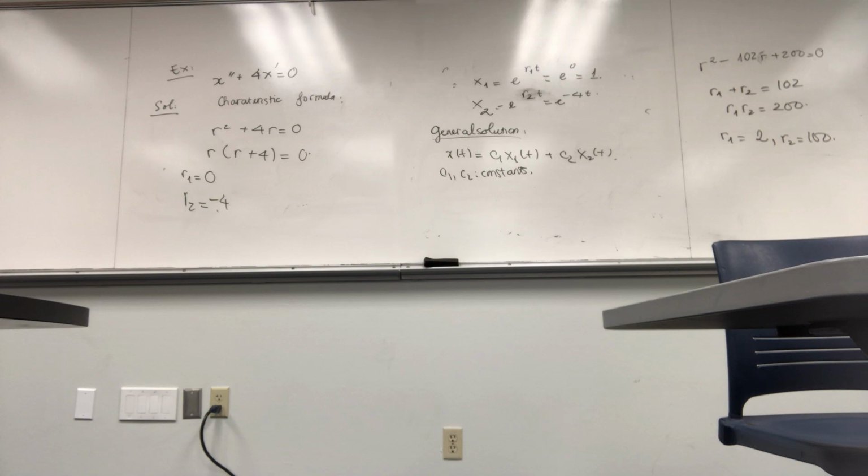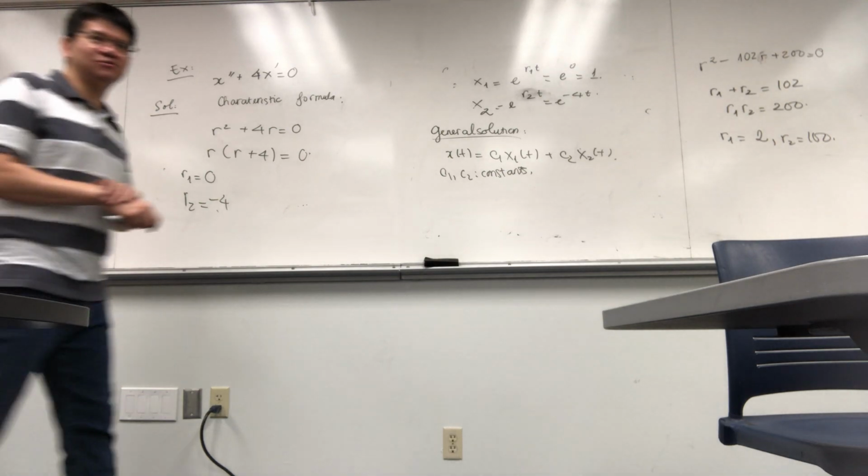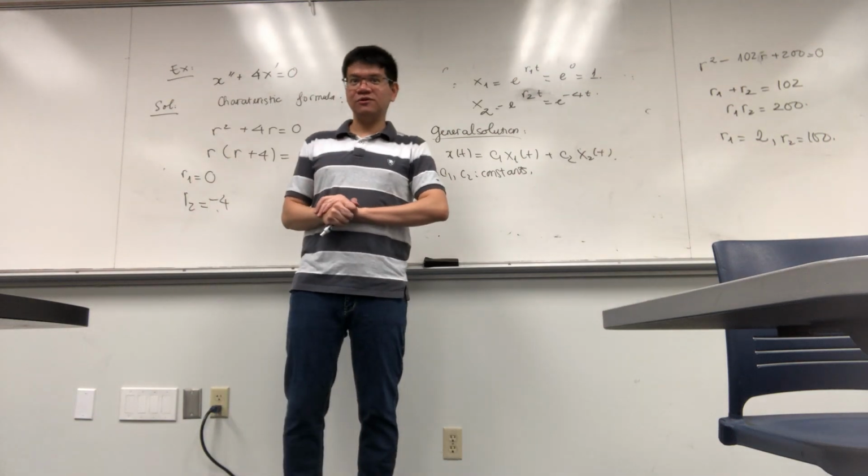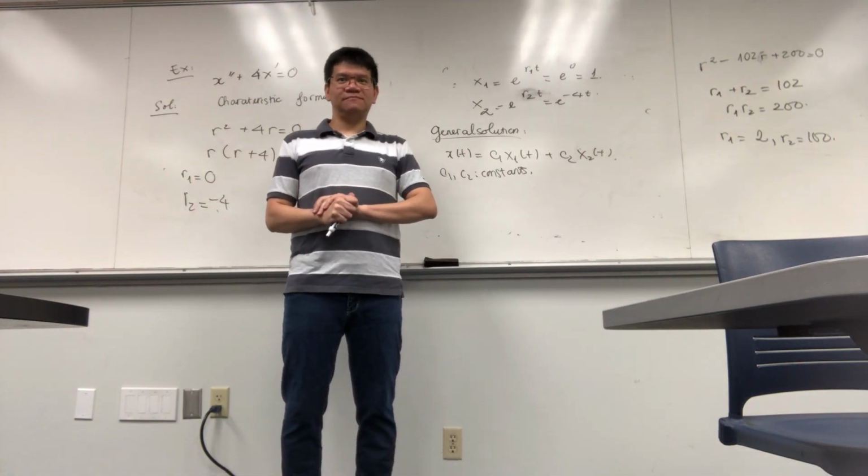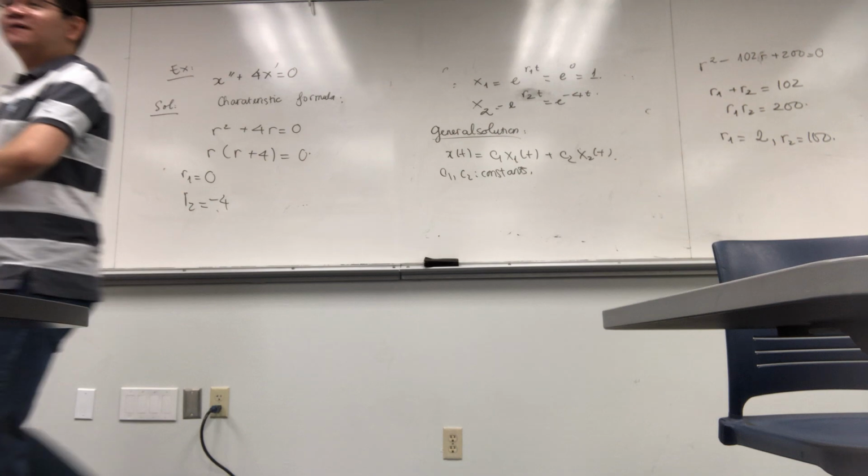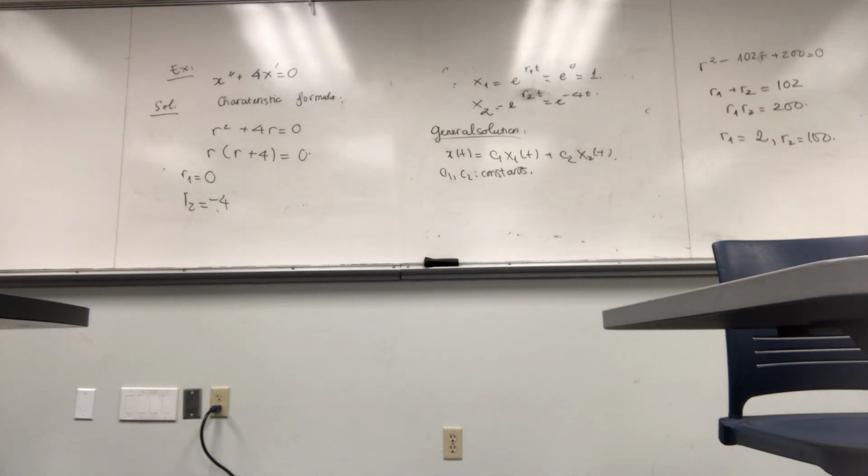x1 is a solution, x2 is also a solution. Now I just take a linear combination of x1 and x2, and I get a new solution. How is it possible? Any guess?